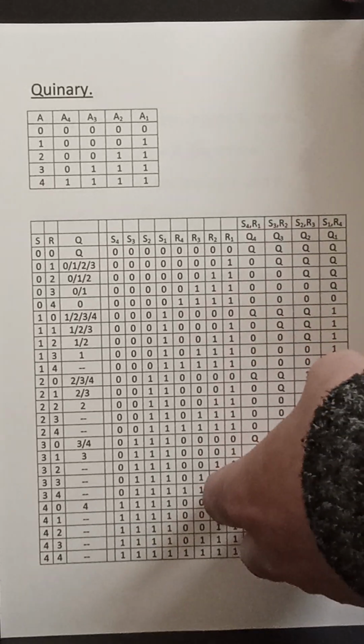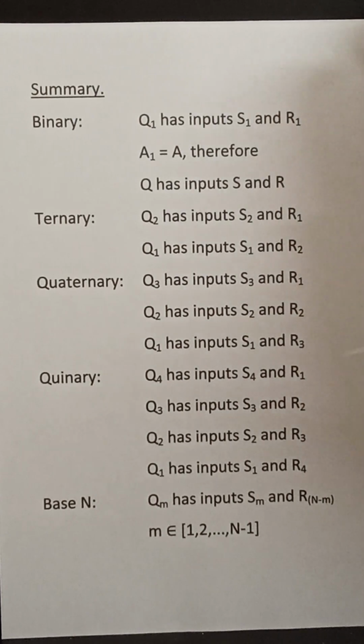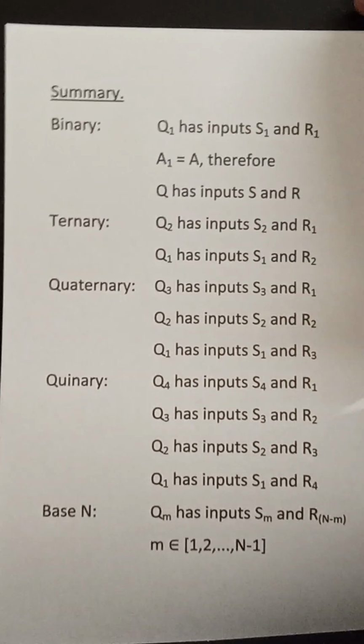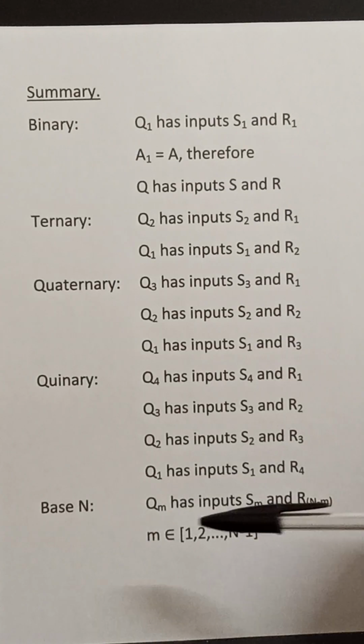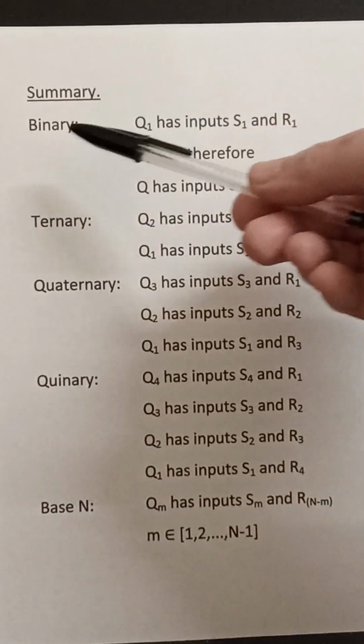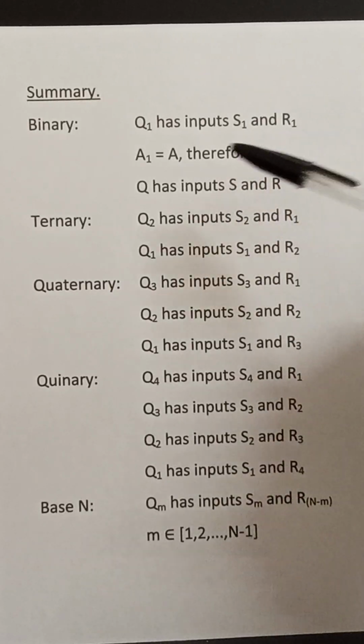So we can go on to the summary. I haven't done the circuit diagram for this, we'll just have a summary. For the binary case, Q1 has inputs S1 and R1.